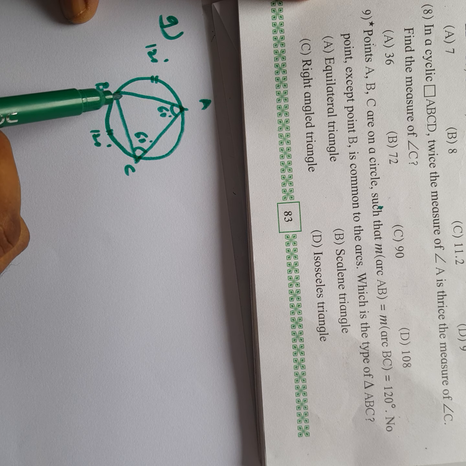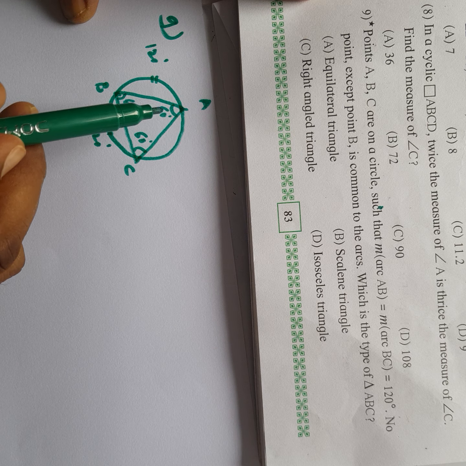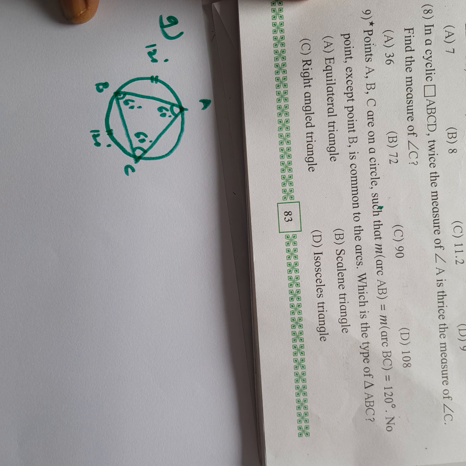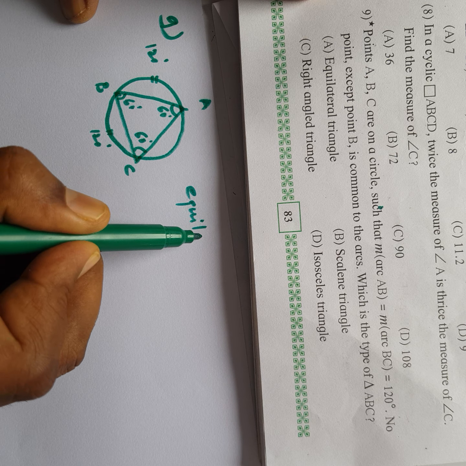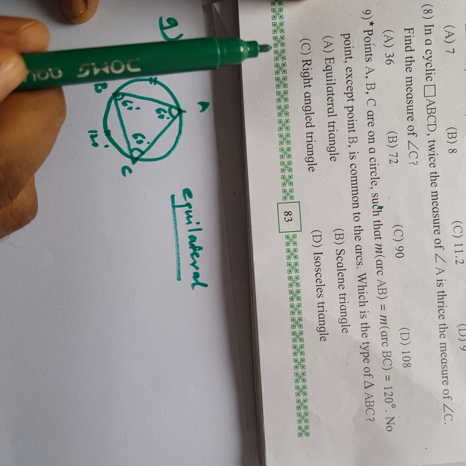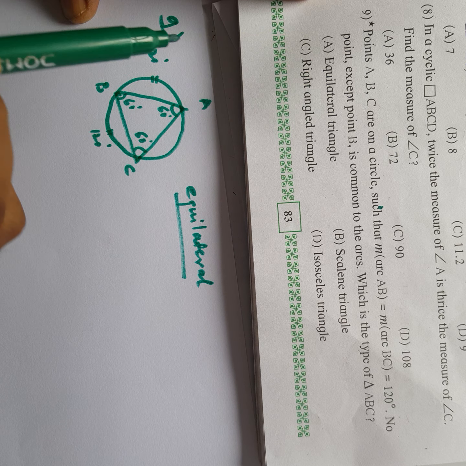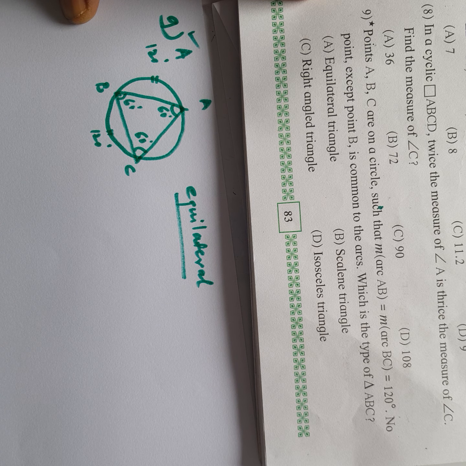That means the remaining angle B will also be 60 degree. All angles are congruent, that is 60 degree. Therefore, the triangle is an equilateral triangle, and option A is given as equilateral triangle. Therefore, A will be the correct option for example 9.